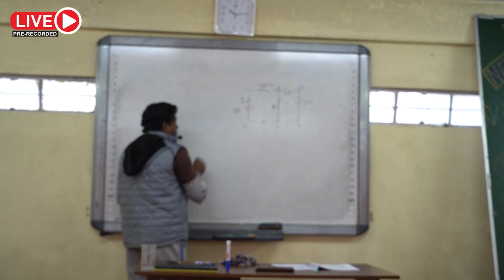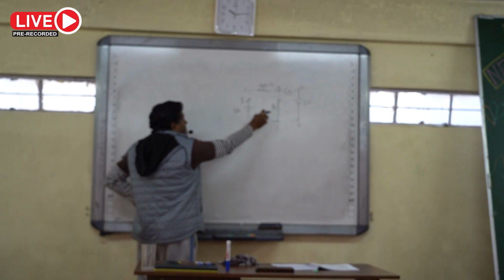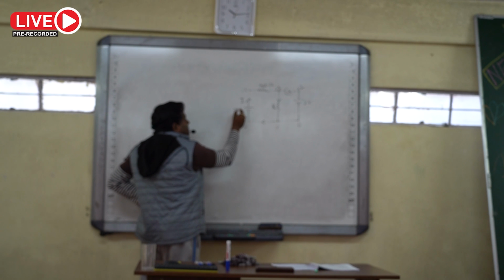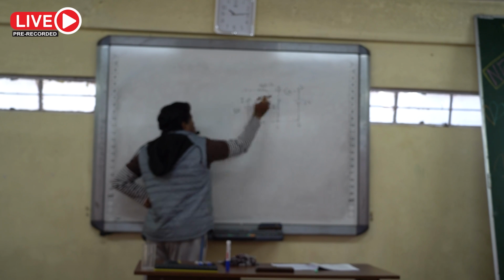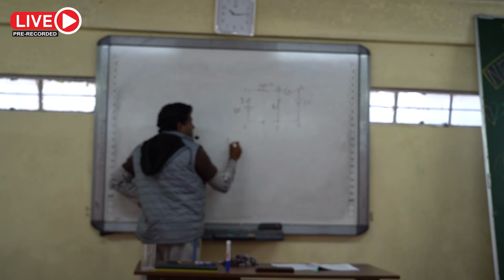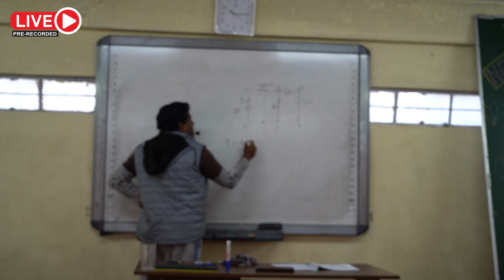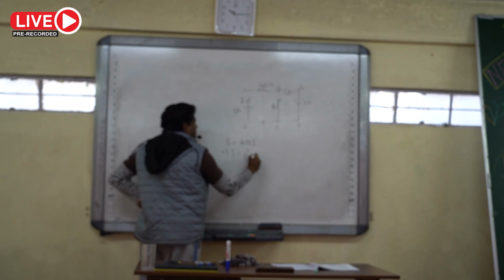Now, calculate from this. This difference of potential across this resistance is 10 minus 2. So 10 minus 2 is 8, and current flowing through that resistor is I. So 400 into I. So I can calculate I will be 1 by 50 ampere.